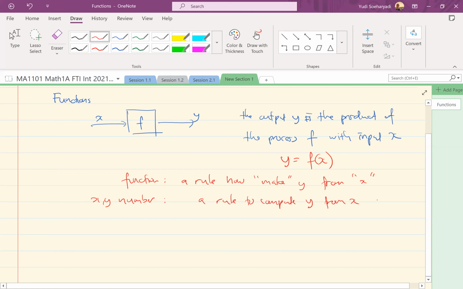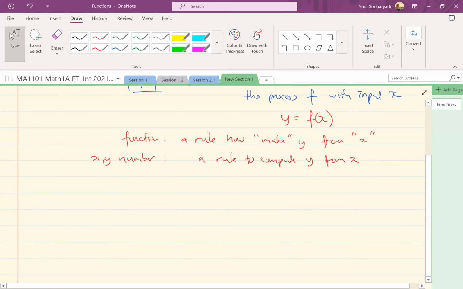Okay, so as a rule, it must be somehow definite. What does definite and deterministic mean? Okay, definite means, say, this is something that's not definite.